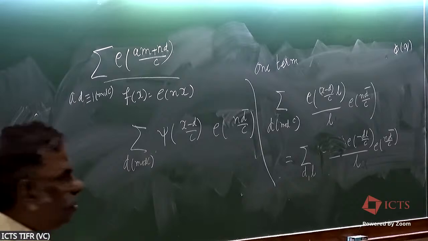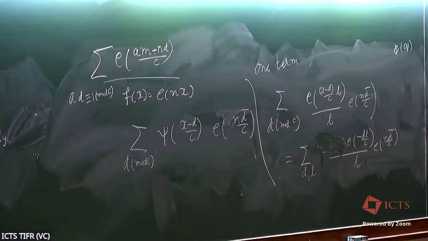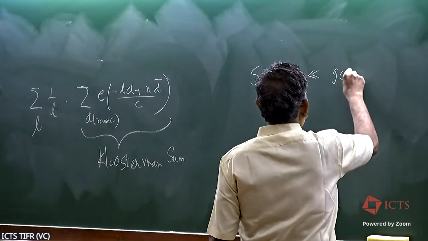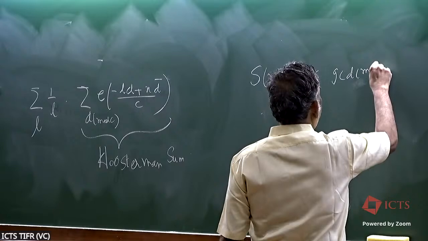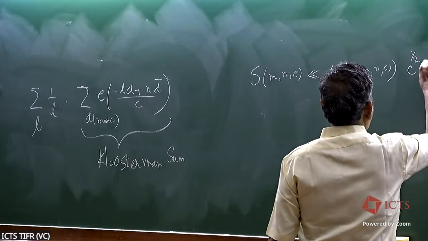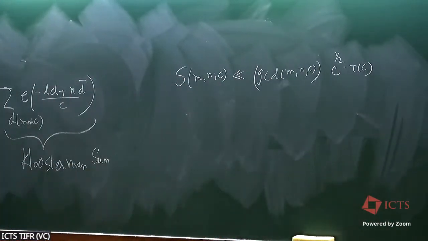I'm not going to do all the calculations, and the estimate which mostly we use is the so-called Weil estimate, which tells you that S(m, n, c) is bounded by the GCD of m, n, c, times c to the power half, times tau(c). Is there a power for the GCD? There's no power for the GCD.